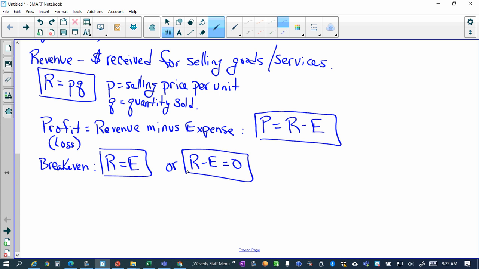So break even is when profit equals what? 0, or loss equals 0. No profit, no loss. So either one of those is valid. Sometimes if you're setting up a problem, one of these will be easier to start out with than the other.